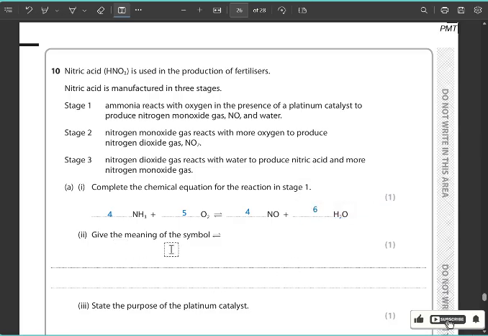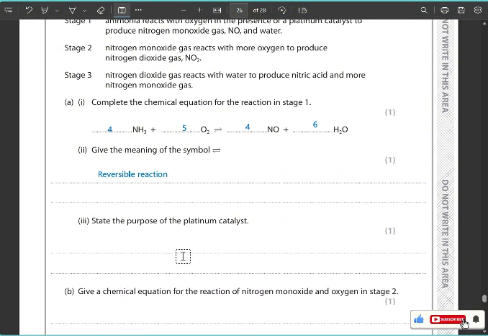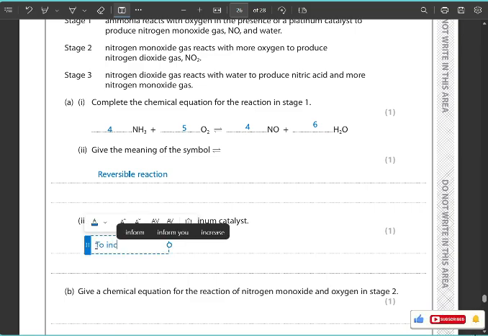Give the meaning of this symbol. It means that the reaction is reversible. State the purpose of the platinum catalyst. The purpose is to increase the rate of reaction.